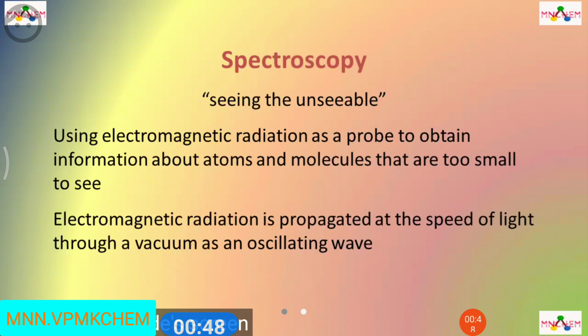The electromagnetic radiation has the speed of light in vacuum. And here we treat this electromagnetic radiation as a wave, or consider the wave nature of this electromagnetic radiation.